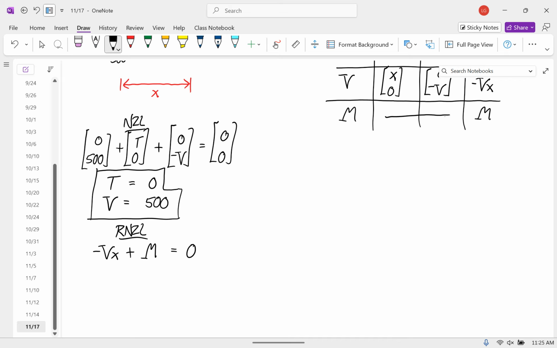We know M is equal to 500x. So M is equal to Vx, and we already calculated V, so M is equal to 500x.